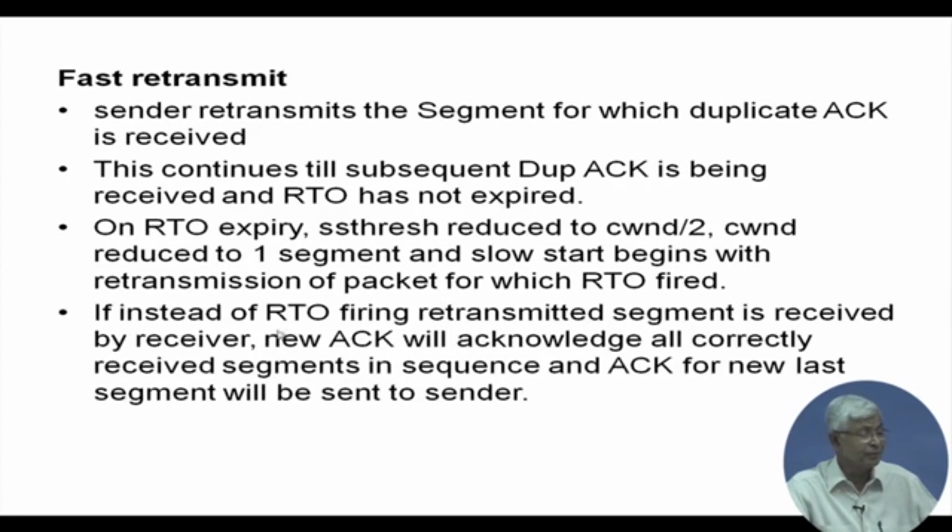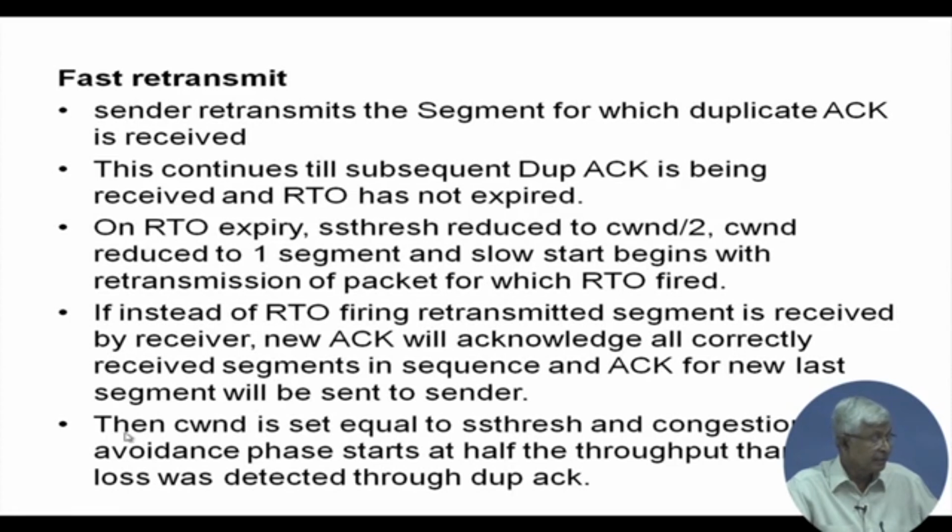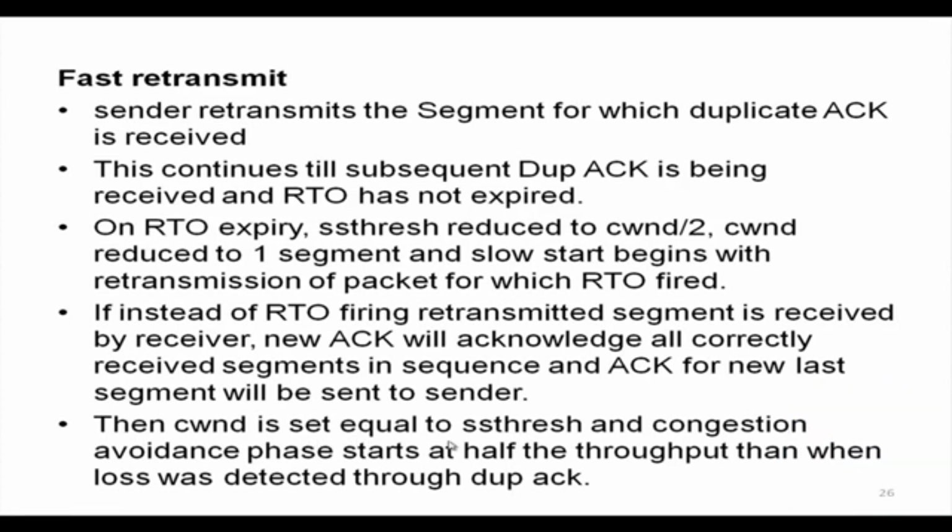And if the RTO has not fired and a new segment is acknowledged, acknowledging all previously received segments, then you continue sending. Then CWND is set equal to the SS threshold, and the congestion avoidance phase starts at half the throughput.